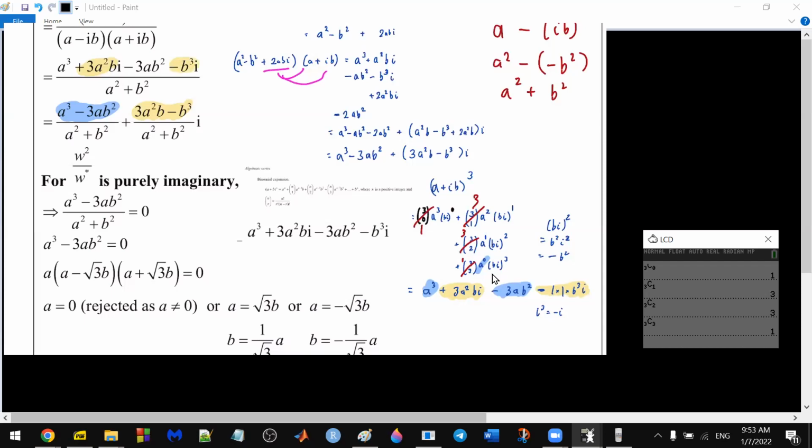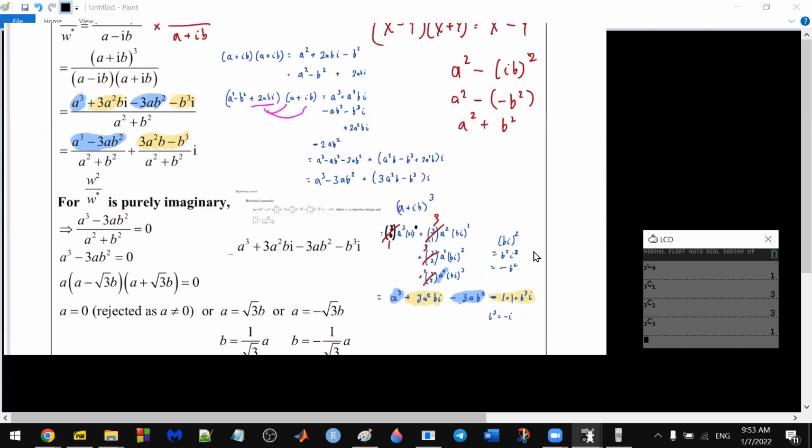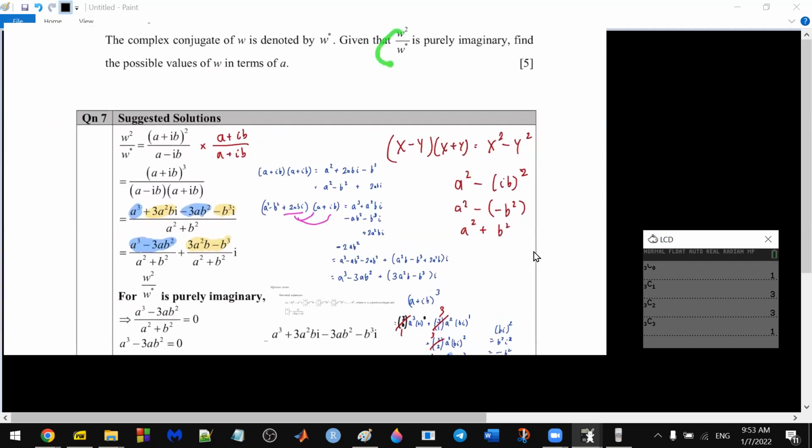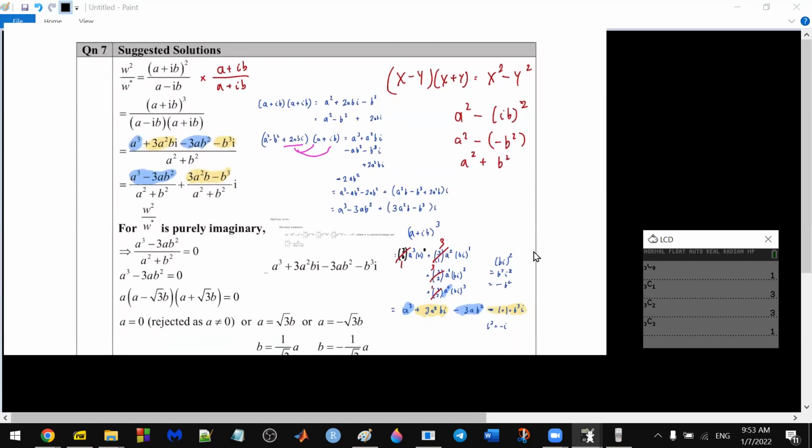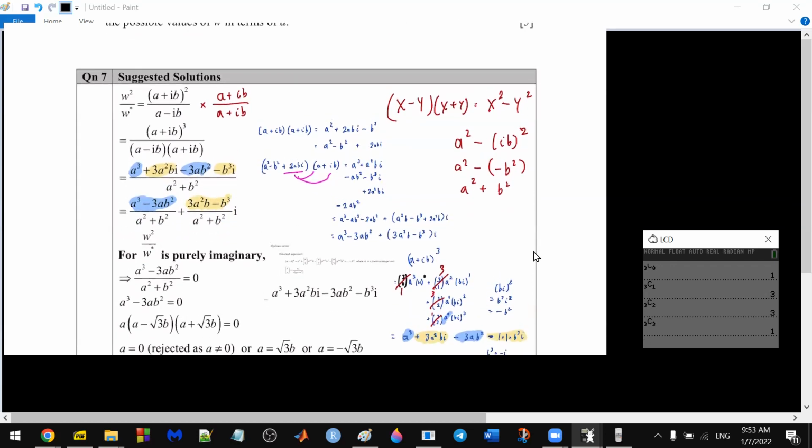Then after that, let me read back the question. I can't remember already. What did they say? They said that this w square over w star, which we so painstakingly found, is purely imaginary. Means what? Which part is 0? This or that? The right side. That part is 0, the imaginary part. Okay, so that means, wait, no, it's the real one.